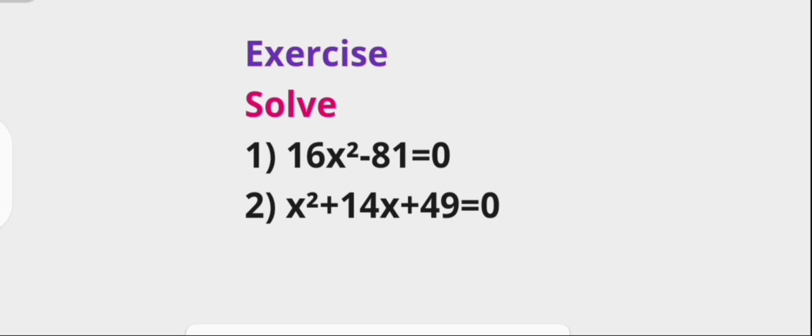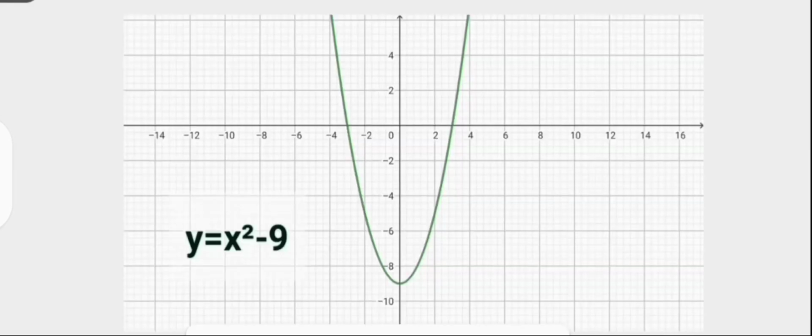But before we close this video, let us take a graphical outlook on perfect squares and difference of two squares. Here is the graph of y equals x squared minus 9, the very first example we looked at under difference of two squares. Here you will see that the quadratic curve cuts the x-axis at both negative 3 and positive 3.